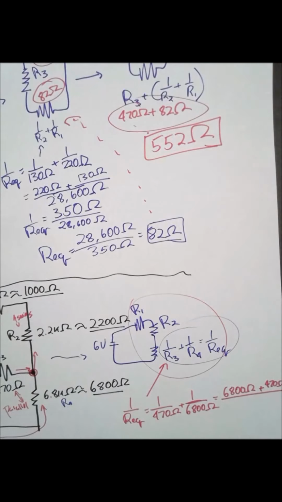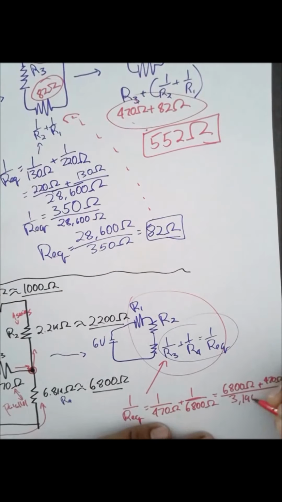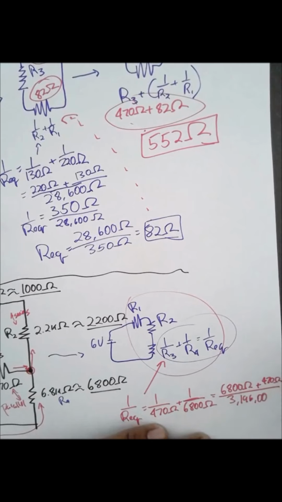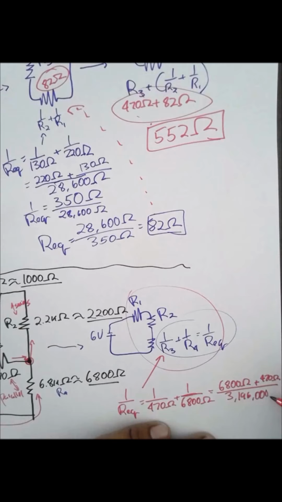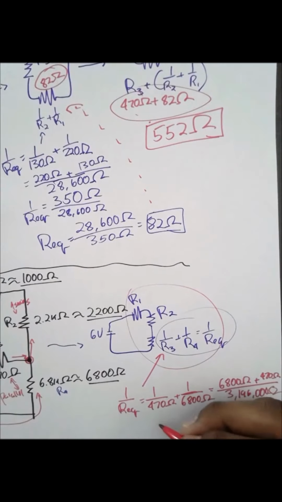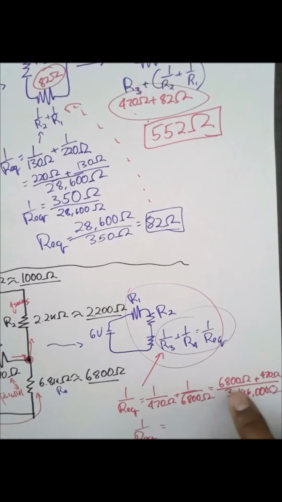470 times 6,800. Wow, so that's 3,196,000. Wow. That's a lot of resistance. So over here we have 1 over Req is equal to 6,800 plus 470.